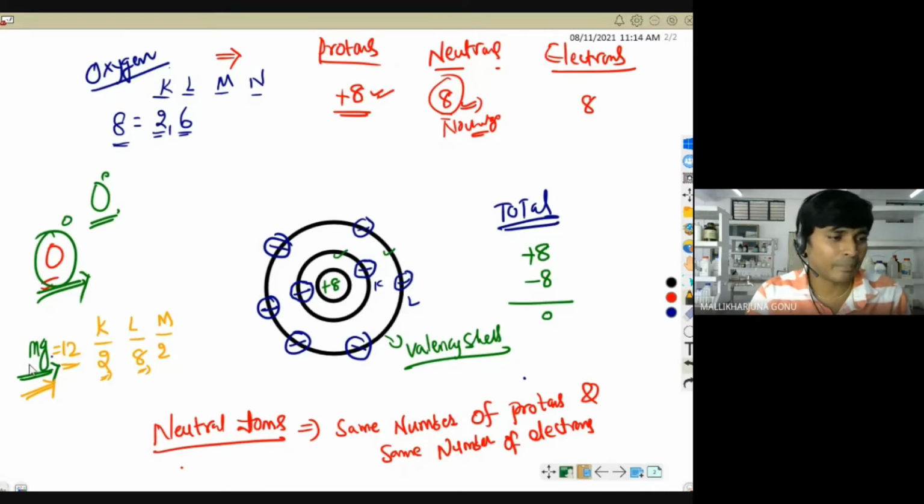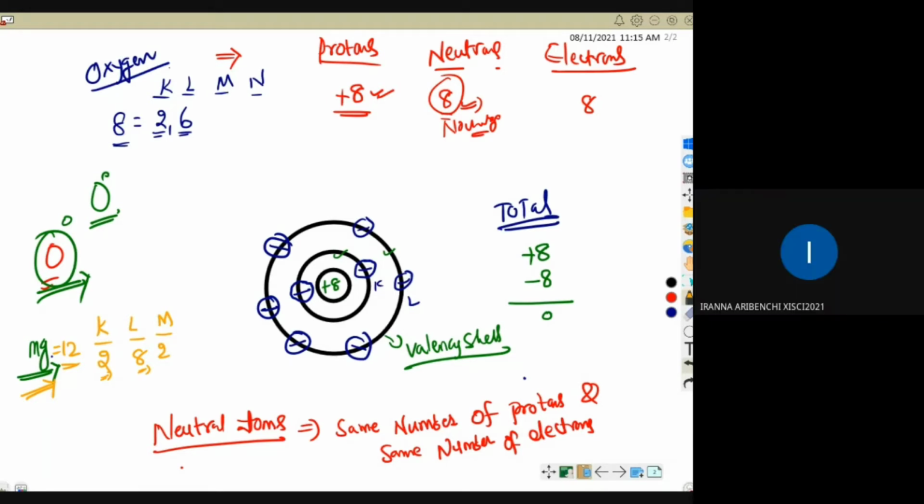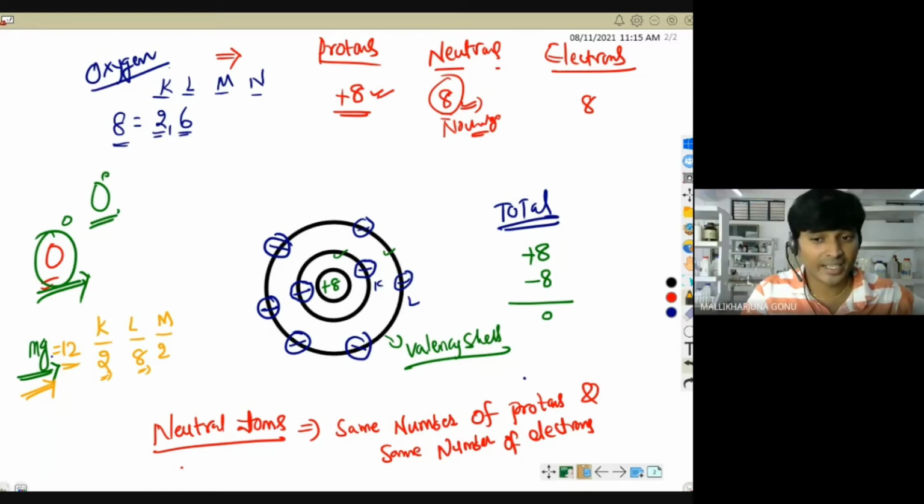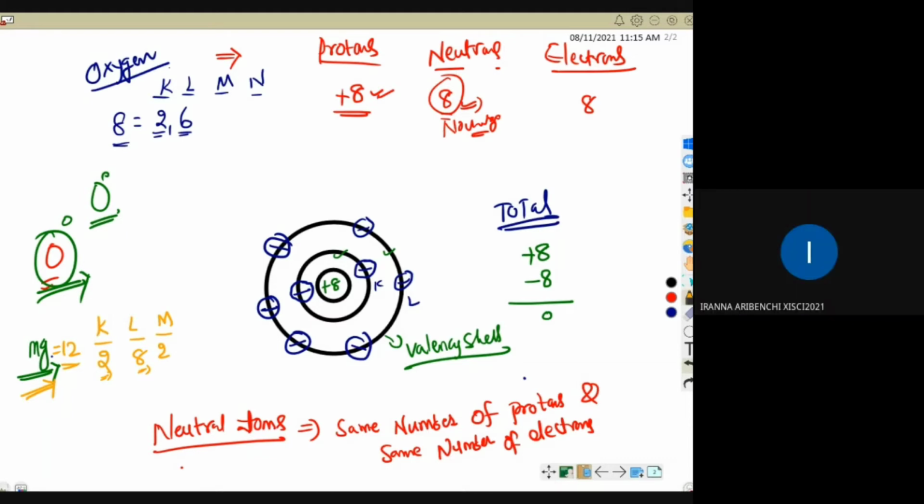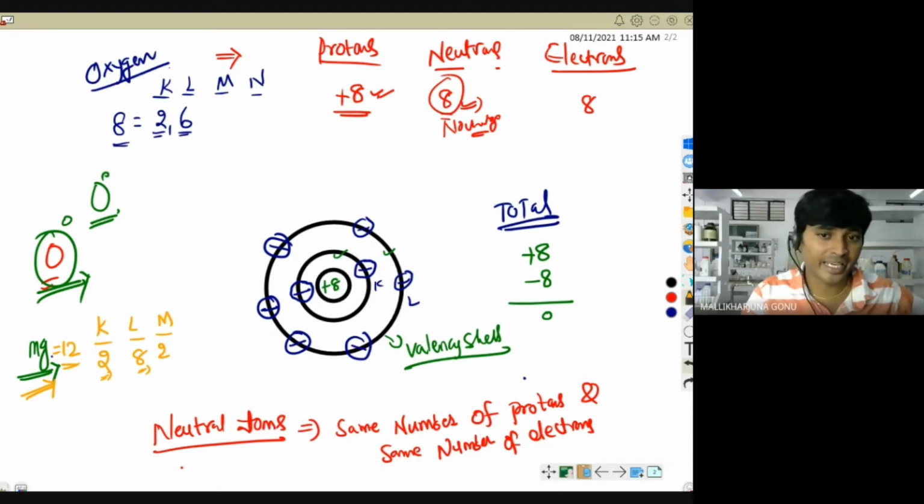To complete the magnesium octet, what it has to do, Hiranna, is it has to lose the electrons or gain the electrons? What it has to do to complete its octet, Hiranna? Sir, it should gain electrons, sir. It should gain electrons. How many electrons should it gain? Sir, 4, sir.